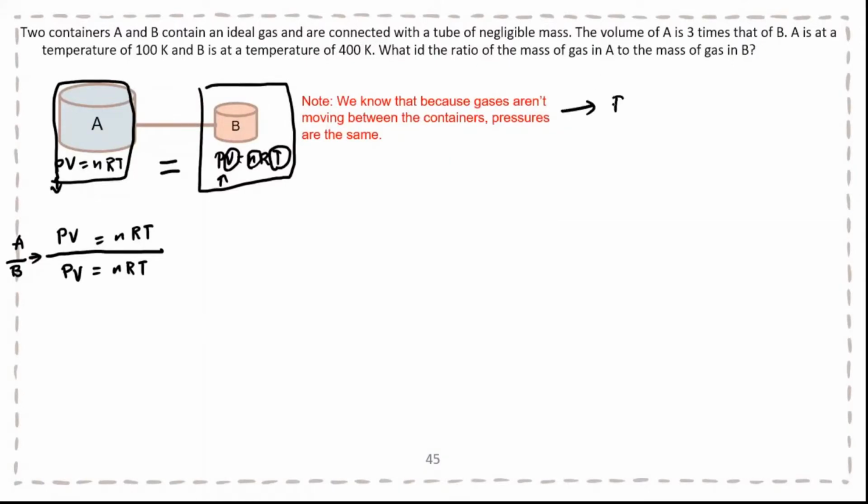So we have PA is equal to PB based from the problem. So, the pressure is now cancelled out. Also, R is now also cancelled out. Okay? So, this is VA, VB, nA, nB.